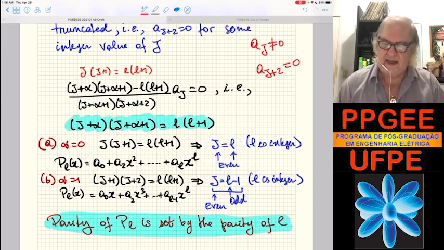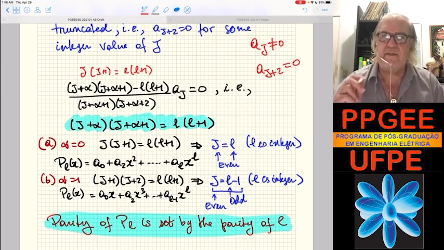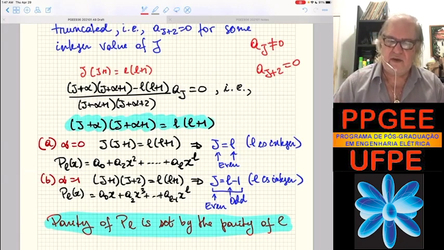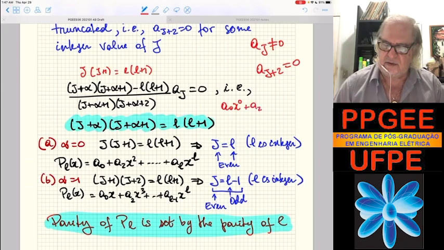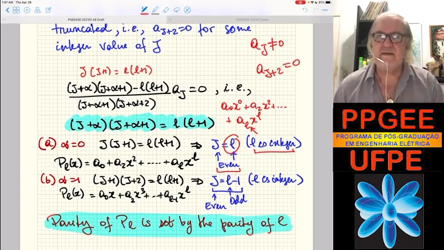So recall that we have even powers. We're going to have a0 x to the 0 plus a2 x to the 2 plus etc. plus aL x to the L. So it means that L is an integer, and in this case an even number.